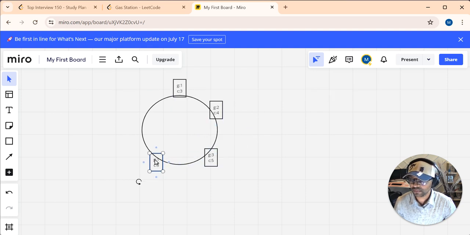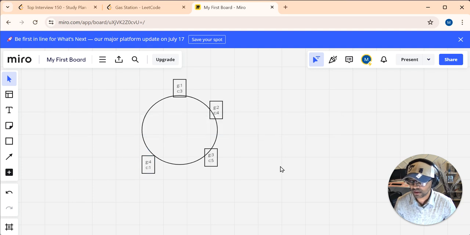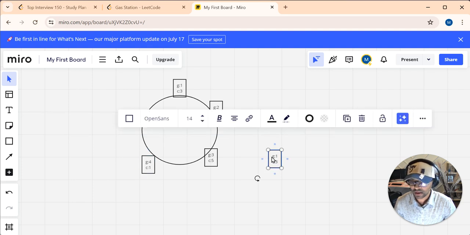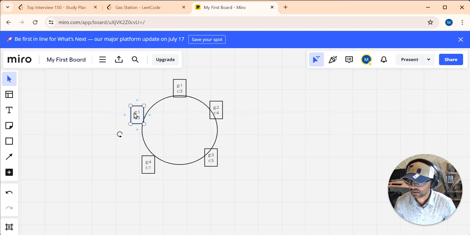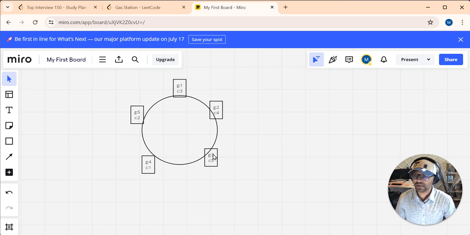Then the fourth gas station has gas 4 and cost 1. And the last gas station has 5 gas and cost 2. So I think this is one example. It's not the best diagram I've drawn for sure, but it still works.